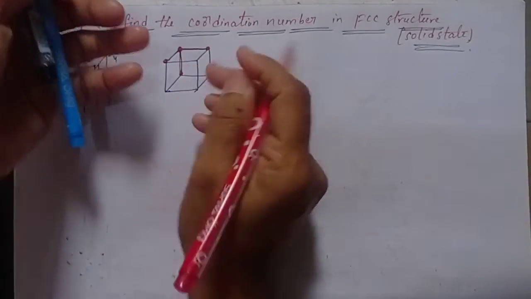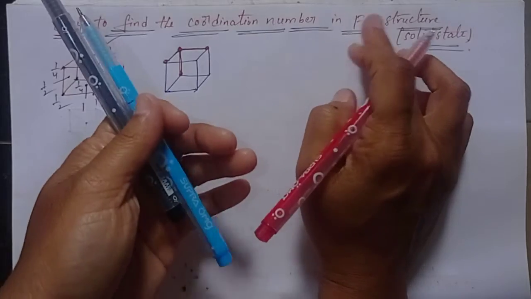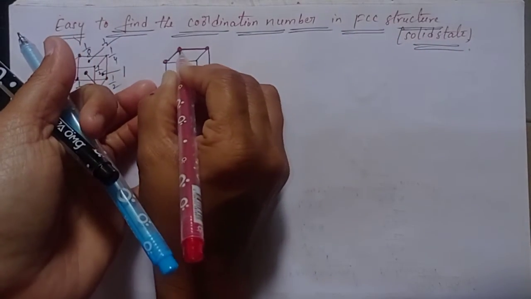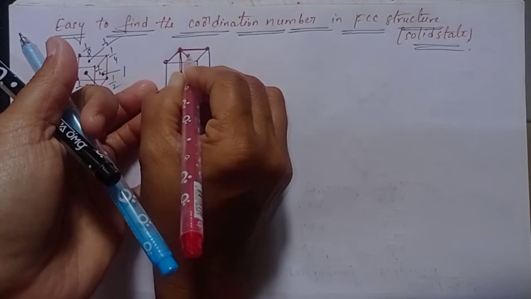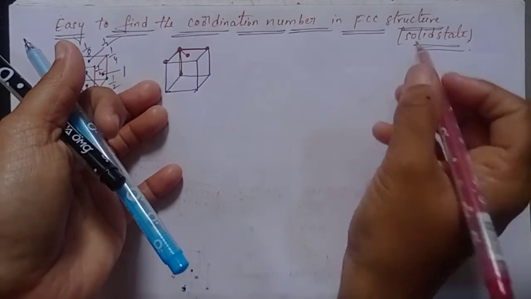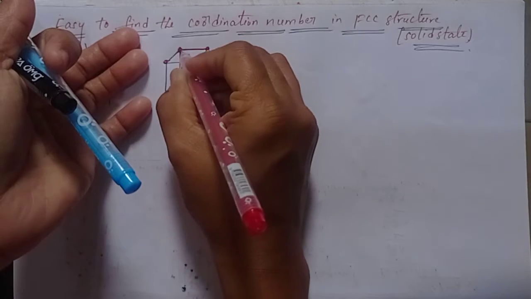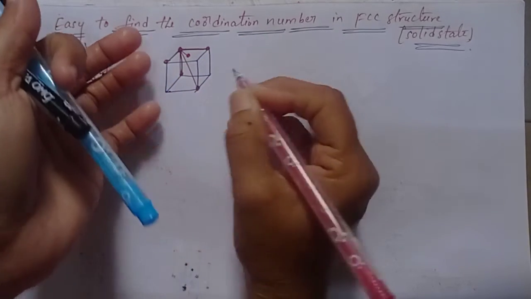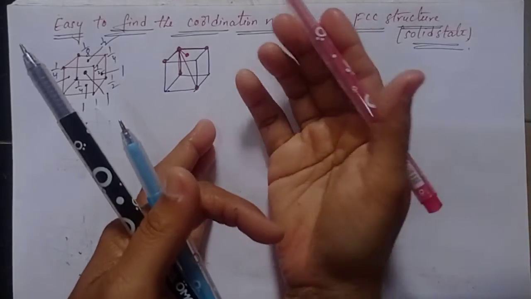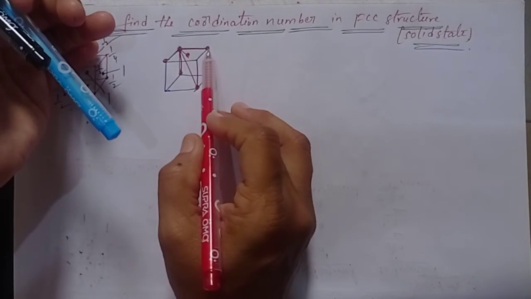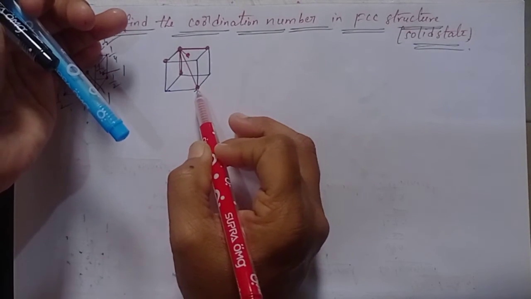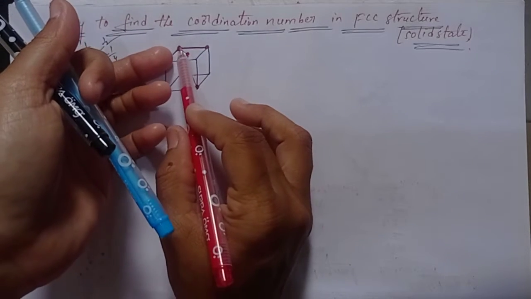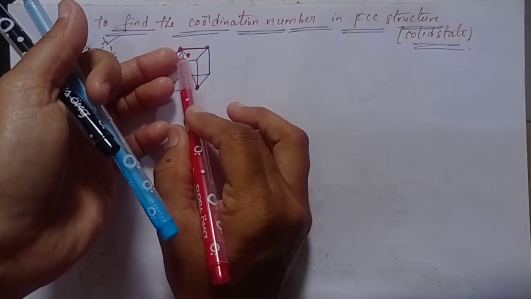Next, this is FCC, meaning face centered. So I am taking one face centered particle, and next I am taking the body diagonal particle. Clear? So here, which is the first nearest? This is the face centered particle, this is the corner particle, and this one is the body diagonal particle. Among these three particles, we have to find which is nearest to the considered corner particle.